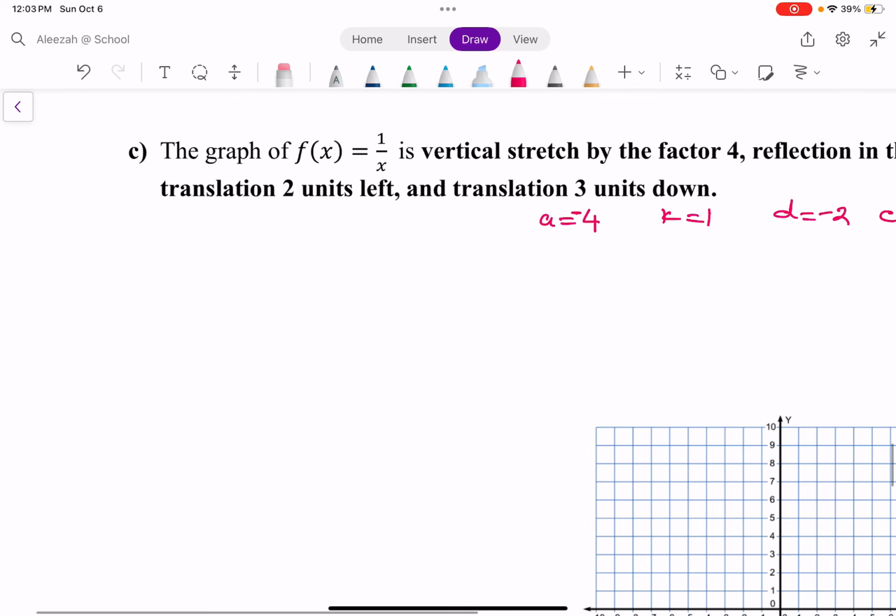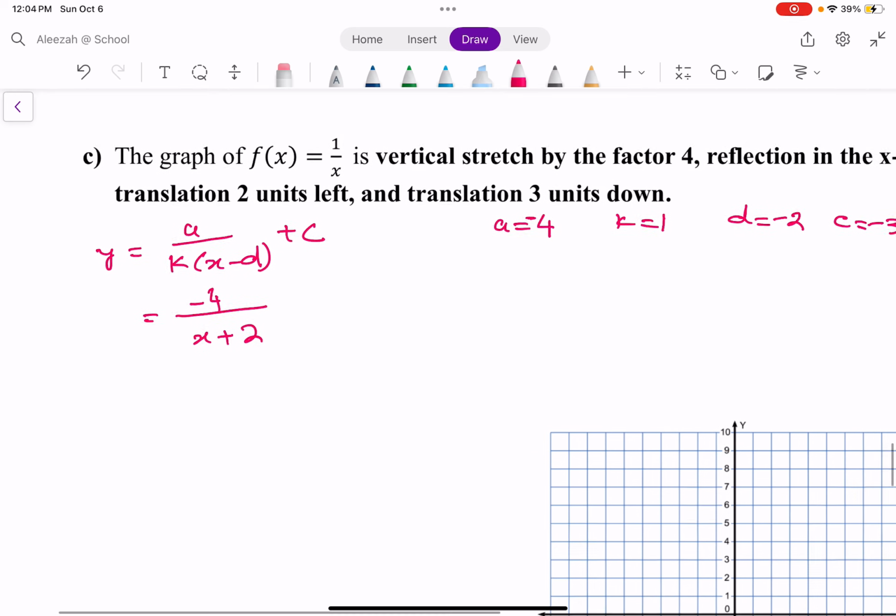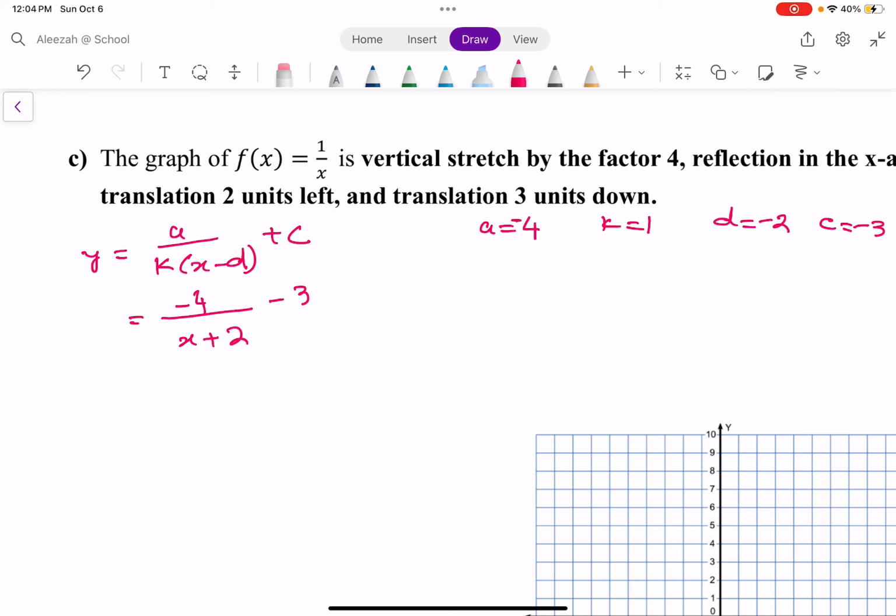And if I write my equation here, you know the equation is y equals a, k, x minus d plus c. So if I plug in here, my a value is negative 4. There's no k, so d is plus 2 and c is minus 3, right?